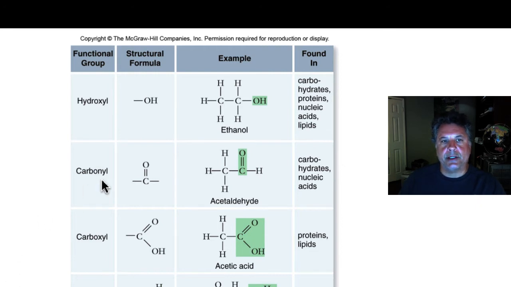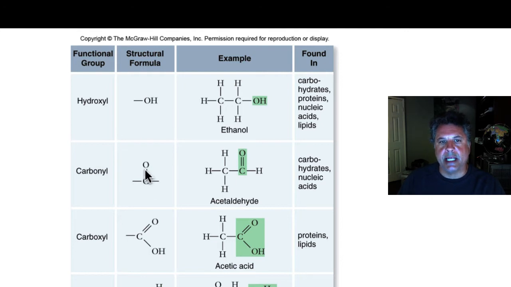Here is a functional group called the carbonyl group. Here we have carbon bonded to 2 other atoms over here, usually carbon, but it could be something else, and double bonded to oxygen. And so carbon now has 1, 2, 3, 4 bonds. Its valence shell, the octet rule for carbon, is satisfied.